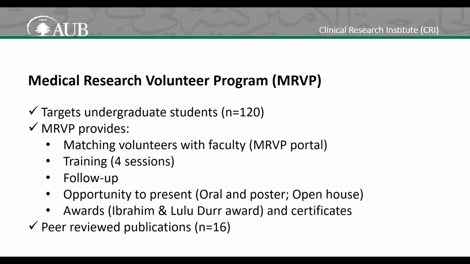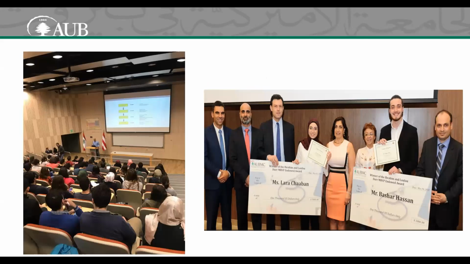In many cases, they might be leading on some of those papers. So a couple of pictures to illustrate the sessions where we introduce research, and some of the awards. There's like a 1,000 cash award.